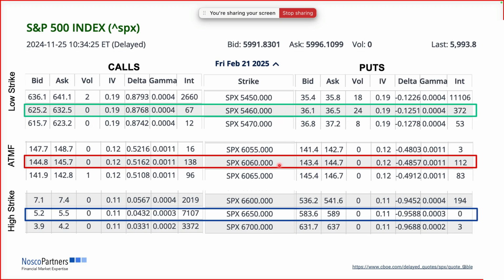That is about 600, but remember the forward was at 61.2. That's what we calculated. So the in-the-moneyness relative to the forward here is about 601.2. I would discount this amount, add it to the price of the put, and that should be the price of the call.